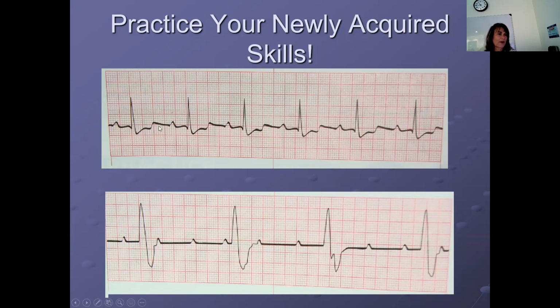So if that's a T wave, and that's a T wave, it's not a P wave. So there's only one P wave before each QRS. Very good. Second degree type 1. No, I mean, first degree heart block. I'm sorry.